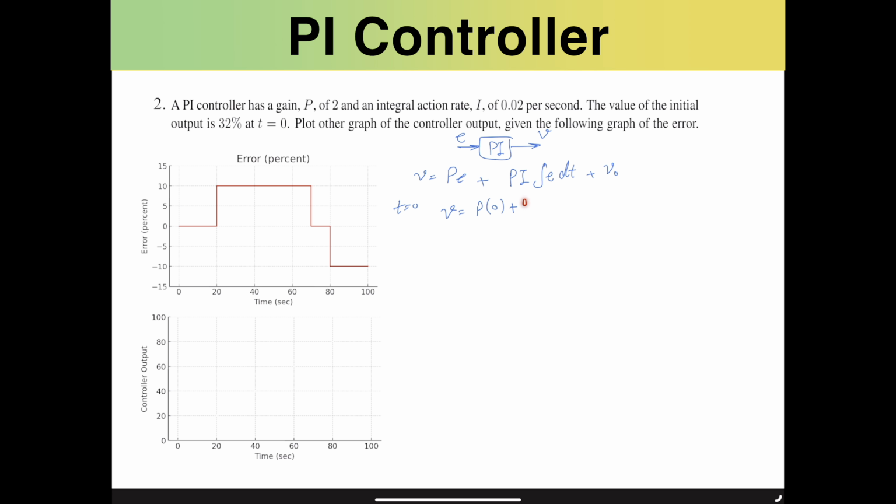And essentially, this P I is going to be multiplied by the integration of 0 dt plus V naught. So essentially, what is left from this equation is only V naught. And this suggests that this 32% that we had from the question is essentially V naught. So V naught is 32%.